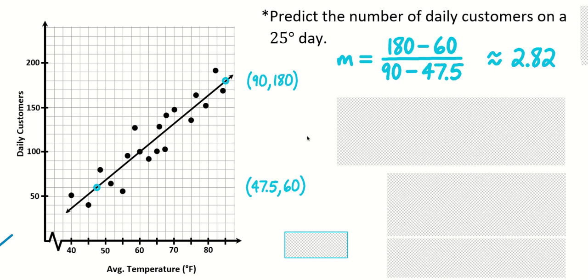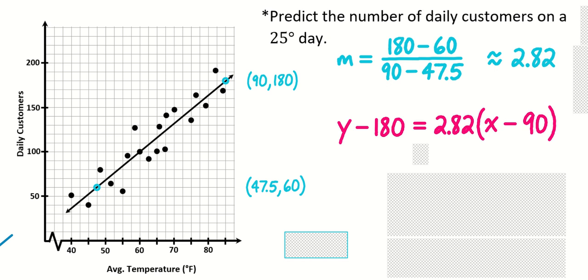We're going to plug into, excuse me, the other formula, point slope form. And to plug into point slope form, you know, y minus y1 equals m times x minus x1, we need the slope and what? Just some other point, just some random point, any point. I'm picking this one, 90, 180.